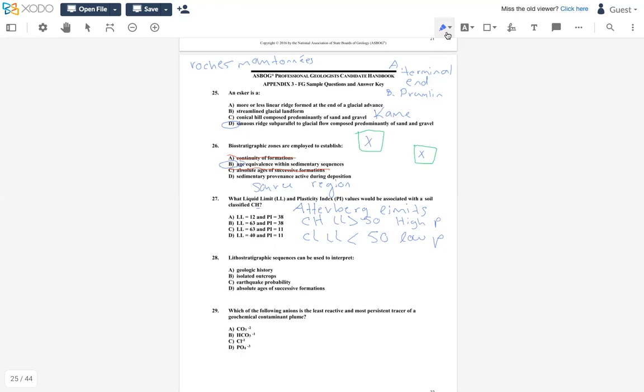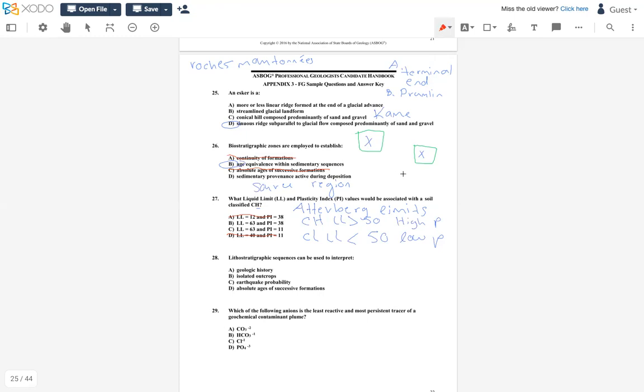So automatically, let's see what we can do. It's not A because the liquid limit is 12. Could be B, could be C, and could not be D. So we have a 50-50 chance if we just remembered the H and L being higher and lower than 50.